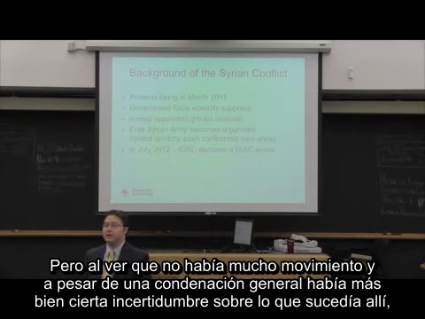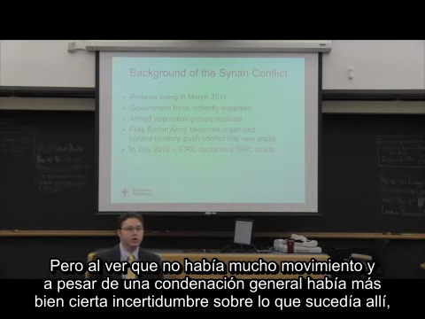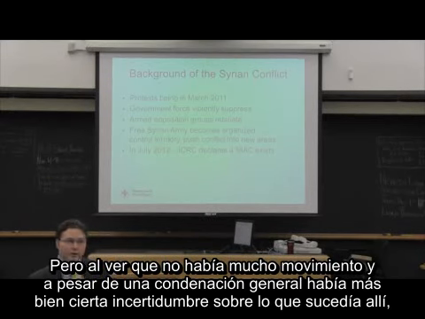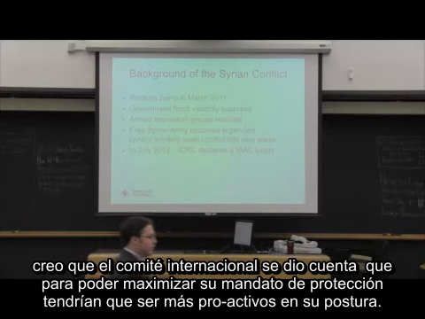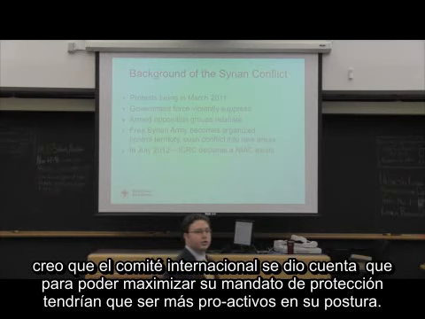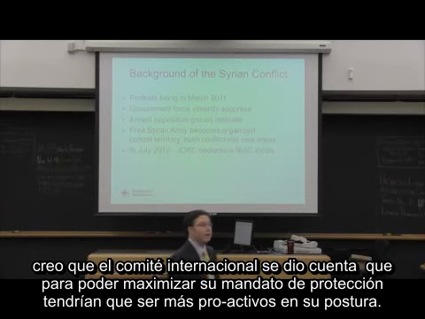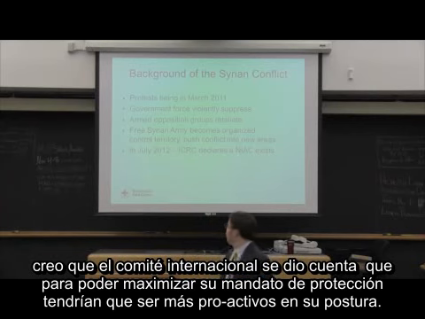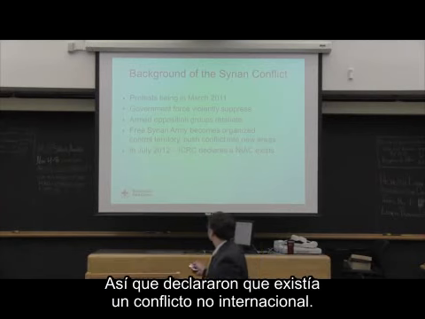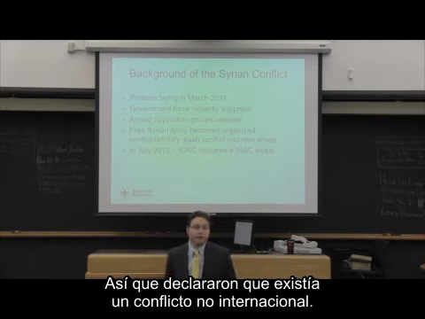But seeing that there wasn't a whole lot of movement on the issue, that there was general condemnation but uncertainty about what was happening there, I think the International Committee realized that they had to be a little bit more proactive in their stance, so that they can maximize their protective mandate. So they declared that a non-international conflict exists.